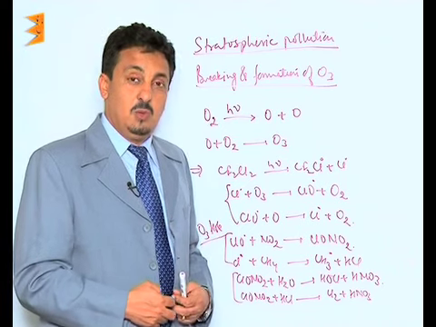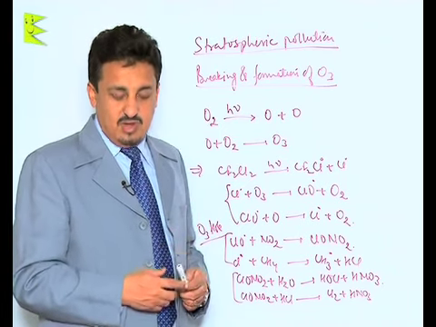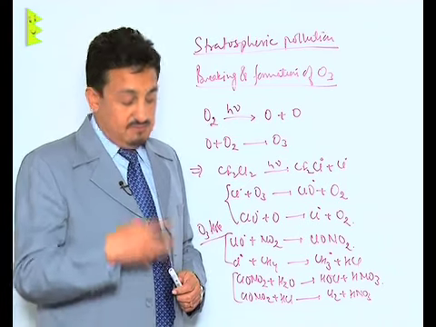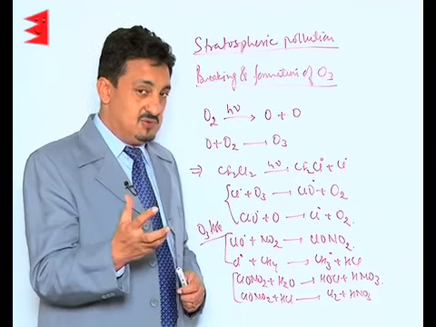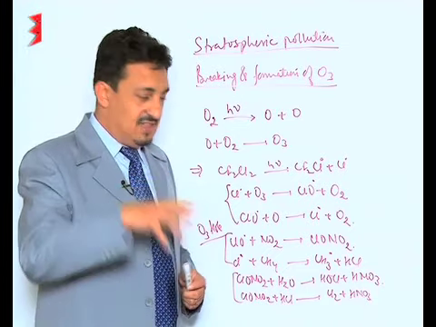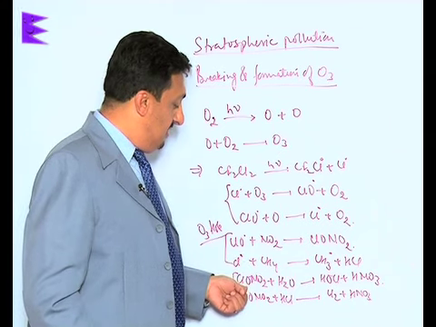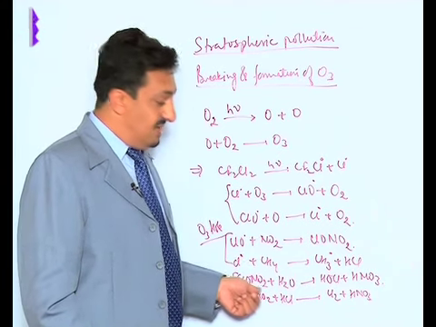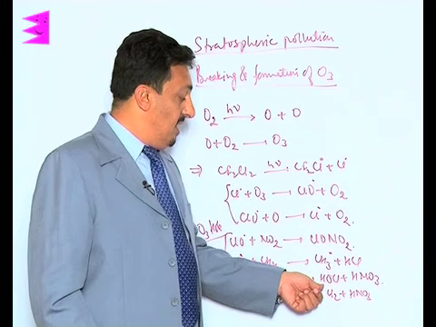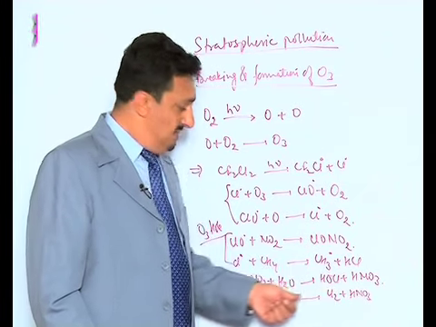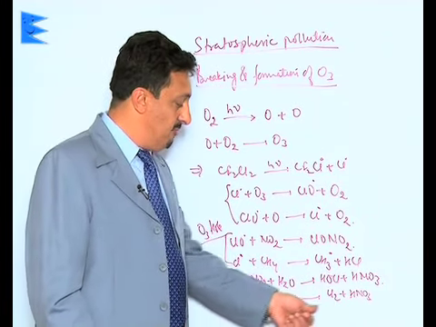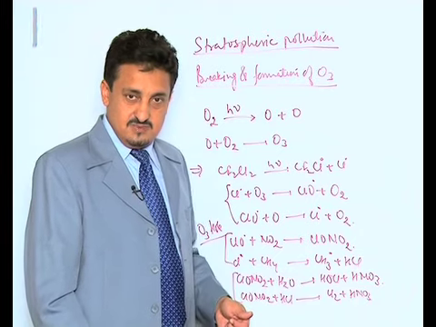But what happens during winters is that a special type of clouds are formed, which are basically called polar stratospheric clouds. Under the impact of these clouds, whatever chlorine nitrate is formed gets hydrolyzed and produces hypochlorous acid and nitric acid. It combines with HCl also and forms chlorine and nitric acid.